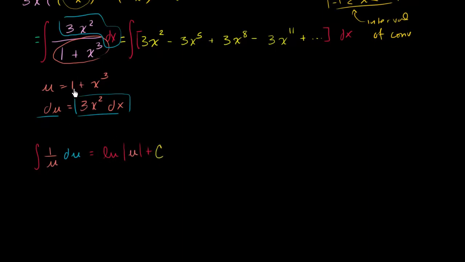And we of course know that u is 1 plus x to the third. So this is going to be equal to the natural log of the absolute value of 1 plus x to the third plus c.